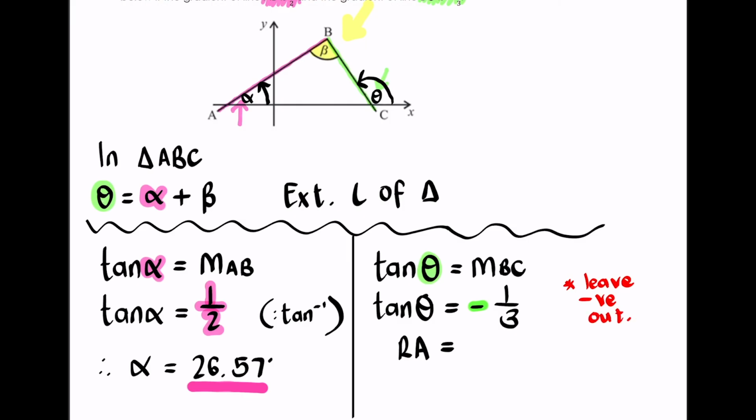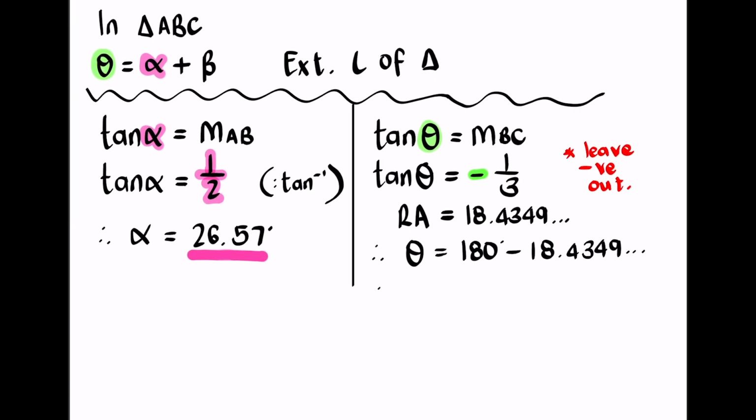And when you leave the negative out, you get your reference angle being 18.4349, etc. Okay, so now I can say that therefore theta is equal to 180 degrees minus the 18.43, and I get an answer of 161.57 degrees.